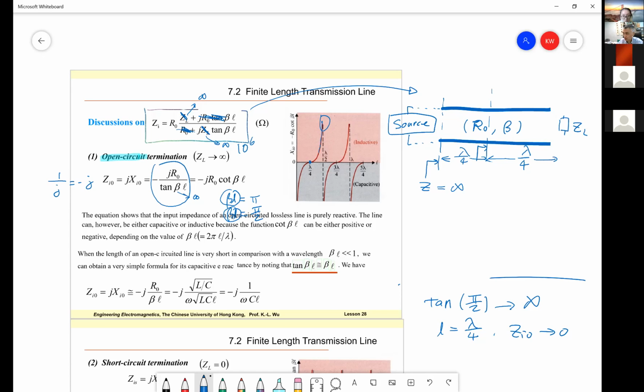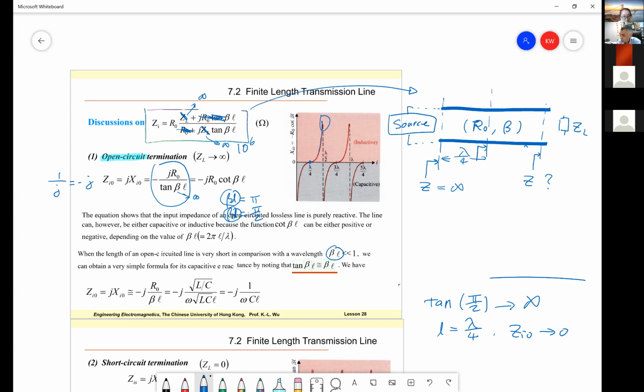A very special case: what happens if I observe very close to the open circuit? Very close. We can use the Taylor series expansion, which applies when beta L is much smaller than 1.